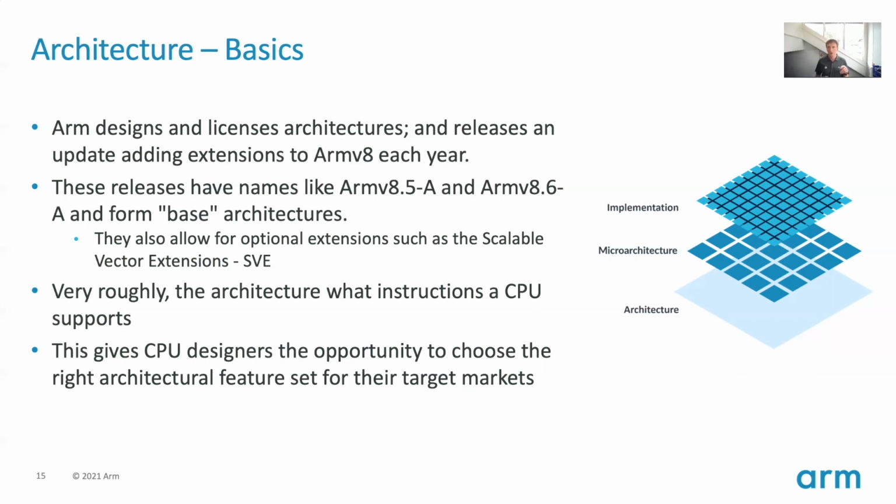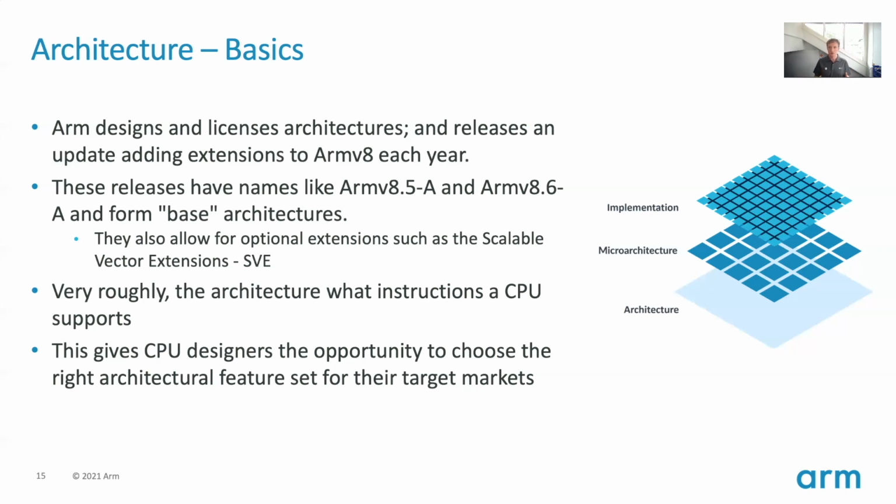So that architecture has what we call the annual tick. Once per year, we release a new version, and we call it names like v8.5a and v8.6a and so on. And that is a collection of, you can think of them as a collection of instructions or sets of instructions that are defined by the architecture, and any implementation that is compliant with the architecture will implement a defined set of those instructions.